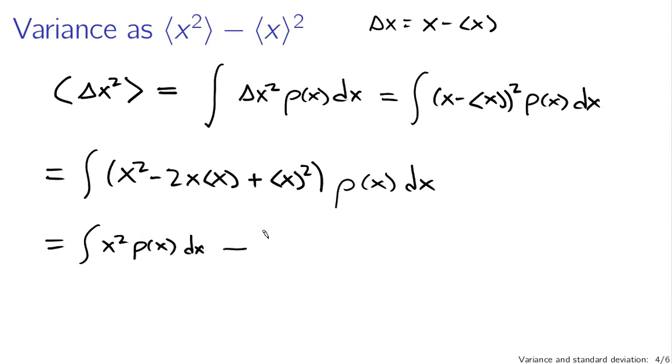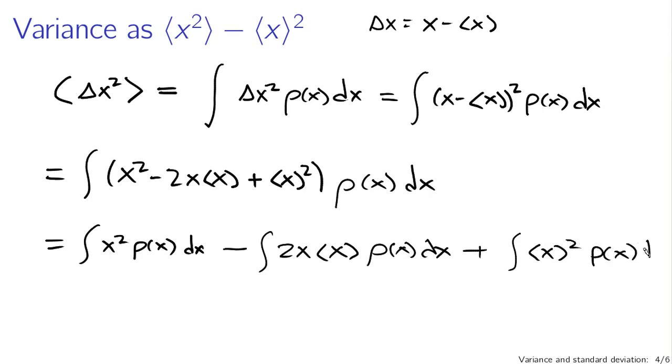Second piece, integral of 2x expected value of x rho of x dx. And the third piece, integral of expected value of x squared rho of x dx. Now this integral you recognize right away. This is the expected value of x squared.